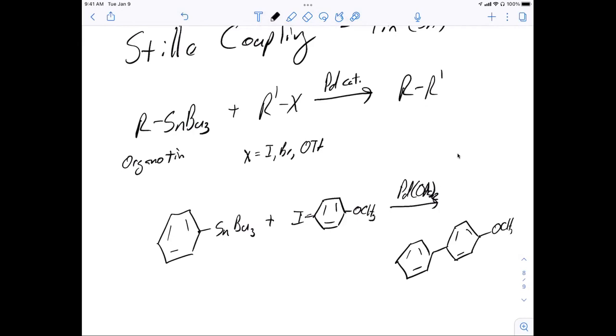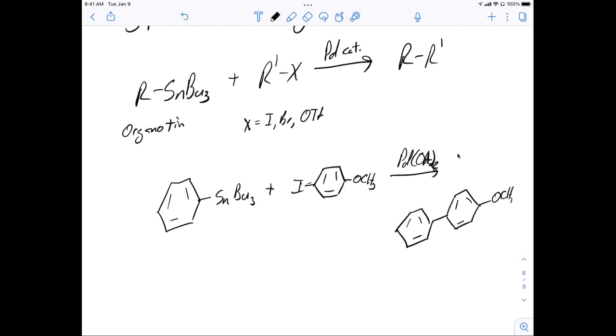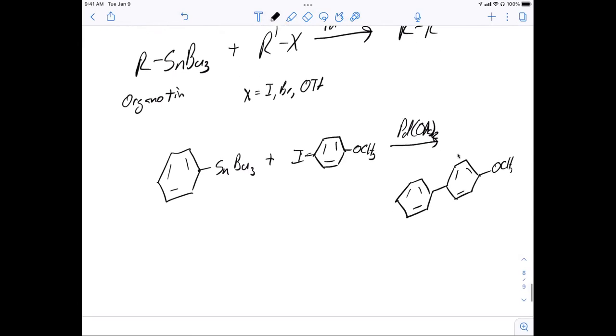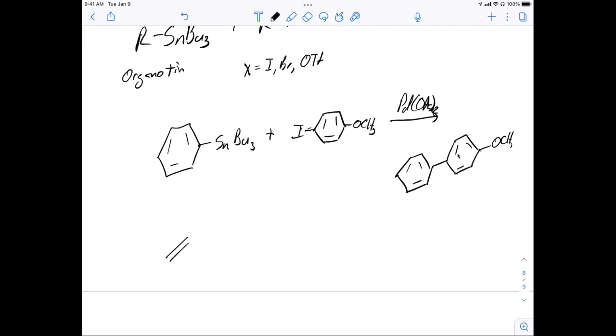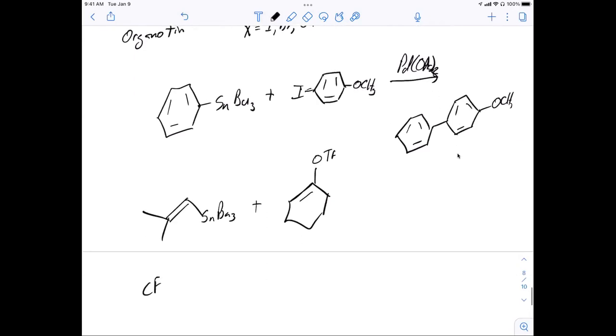And the Stille coupling added carbon-carbon bond forming processes that really weren't available before. So here we have two aryls being coupled together. Again, we can also use things like a triflate that's shown by the OTf. So the triflate is the CF3.